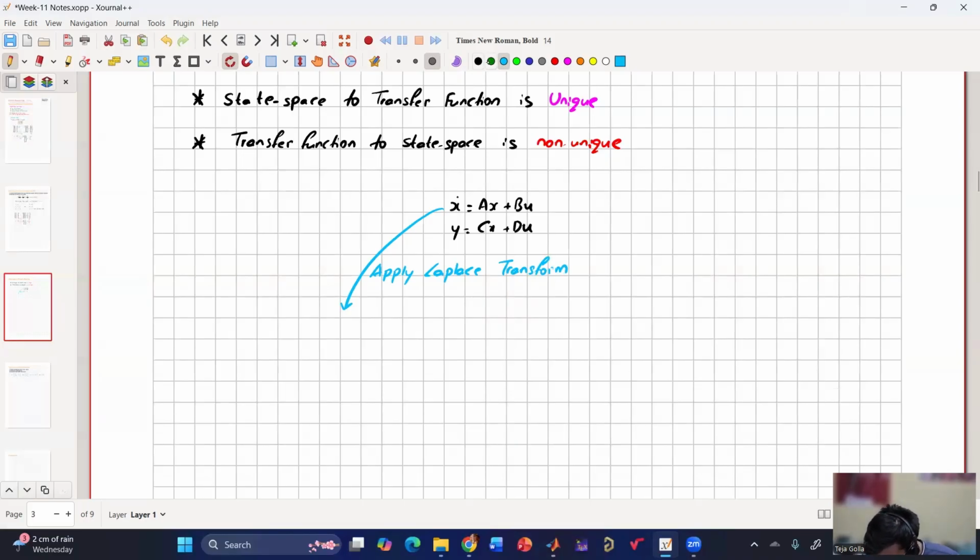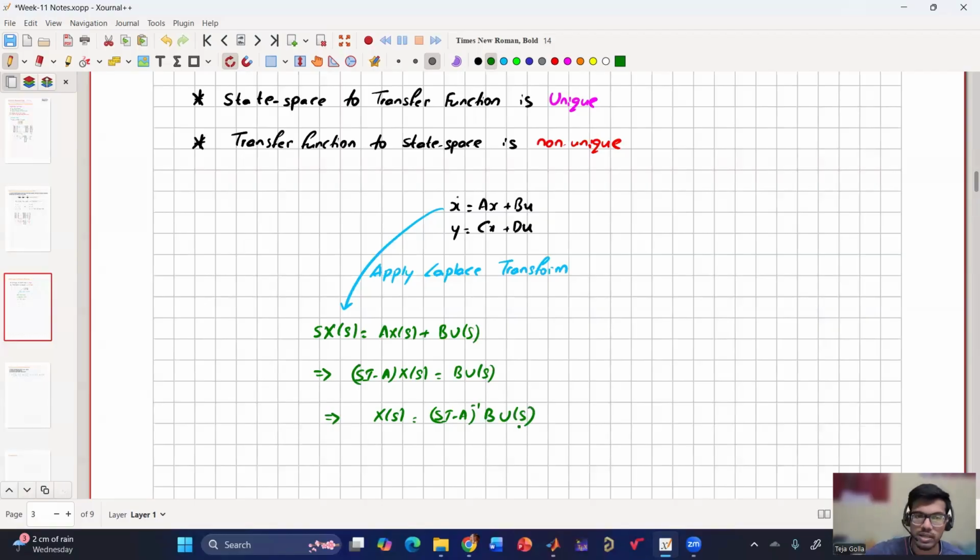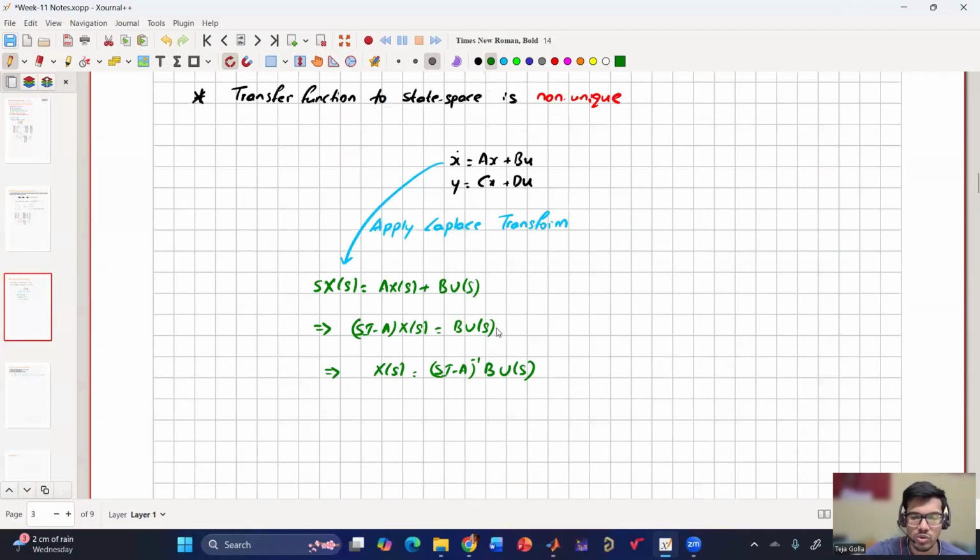Then we'll get s X(s) equals A X(s) plus B U(s). Now if I bring X(s) to this side, I'll get (sI minus A) X(s) equals B U(s). If I take the inverse, X(s) is (sI minus A) inverse B U(s). This is the solution to equation 1.